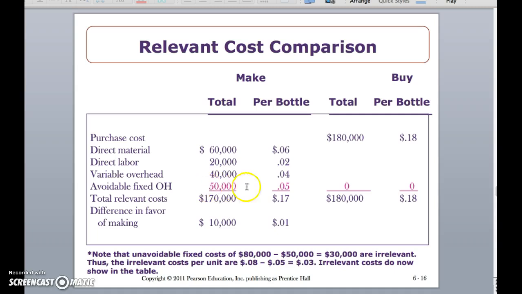And this $50,000 would become zero if the company buys, because the company is able to get rid of paying a salary for a manager. In this case, it will save $10,000 if it makes, and 1 cent per each. So the better decision for the company is to make.